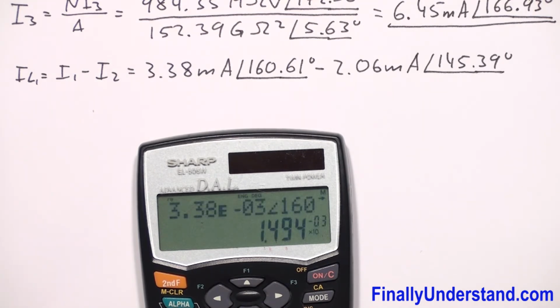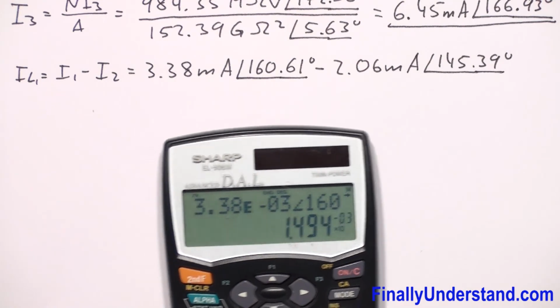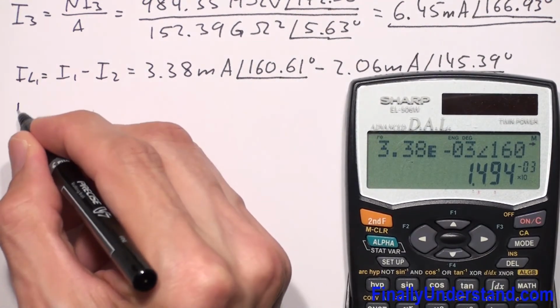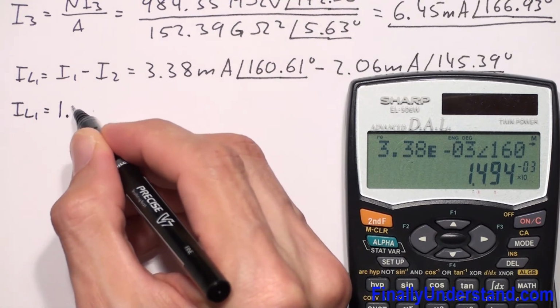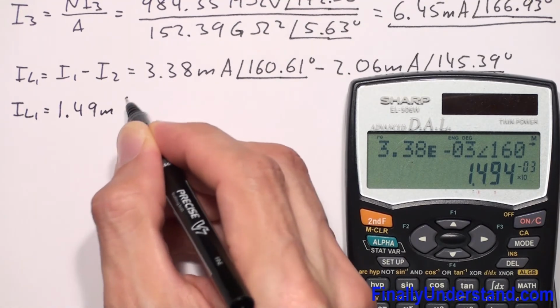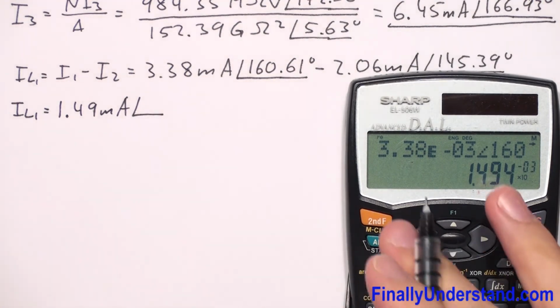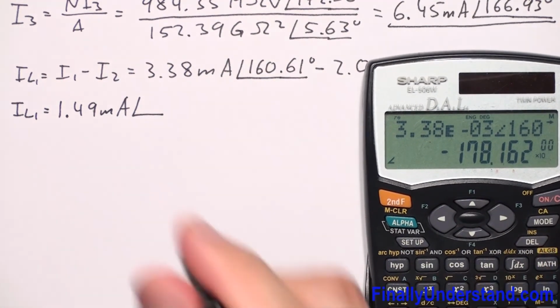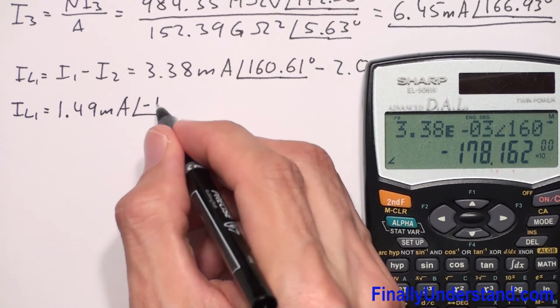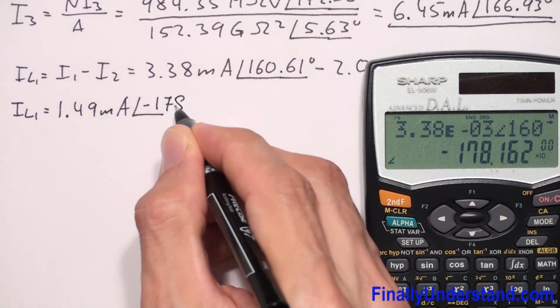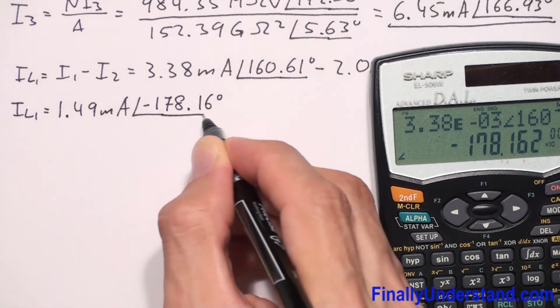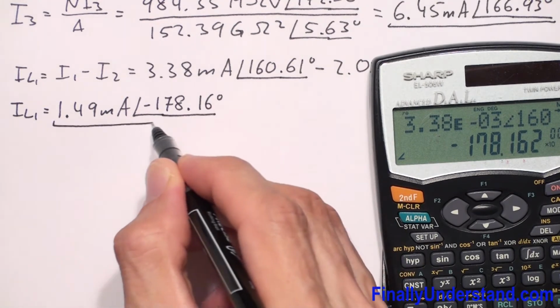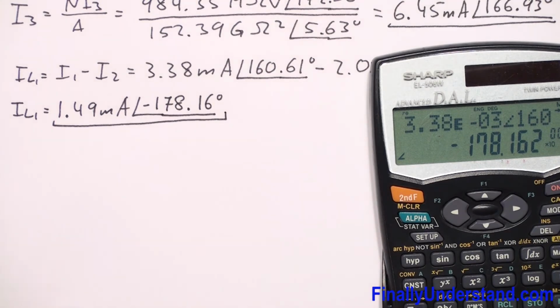So IL1 equals 1.49 milliamps and angle of negative 178.16 degrees. Okay, so this is my current which goes through inductor L1.